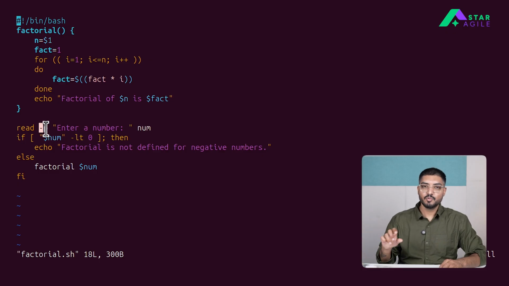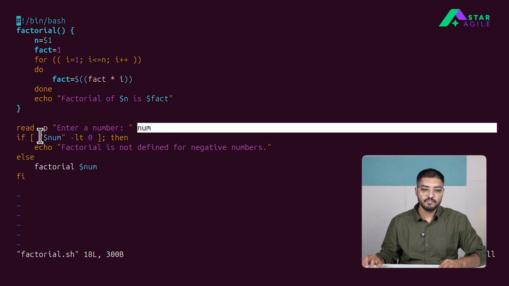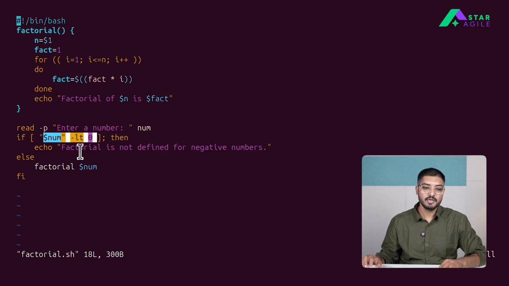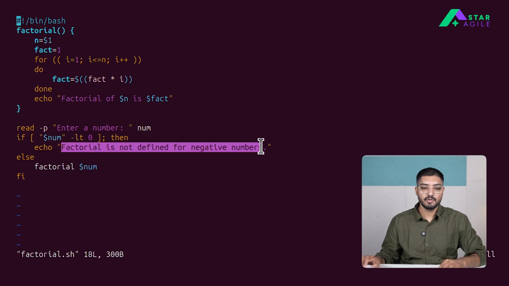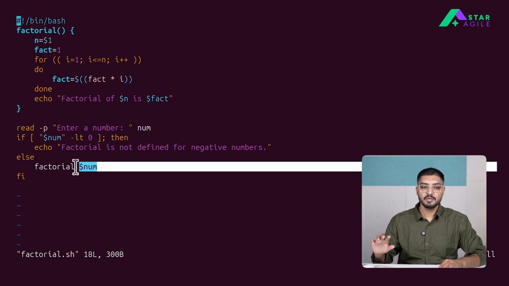But if you want it to be on the same line, you can use -p. Enter the number, whatever number you provide, and if the number is less than 0, definitely factorial is not defined for negative numbers, you will get that. If it is not, then it will just call this function and calculate for whatever number you are providing.